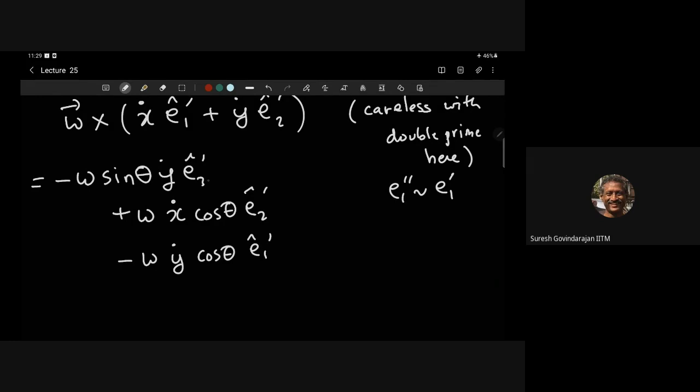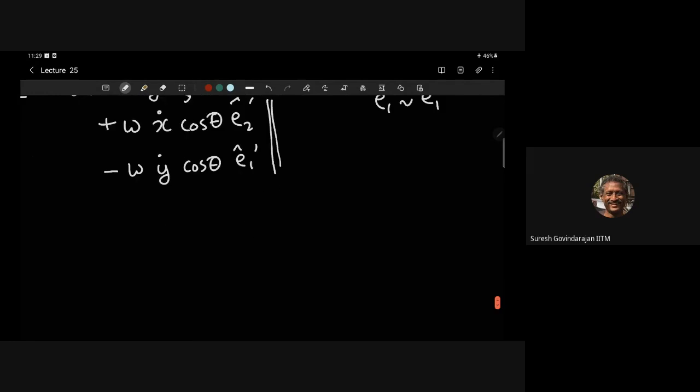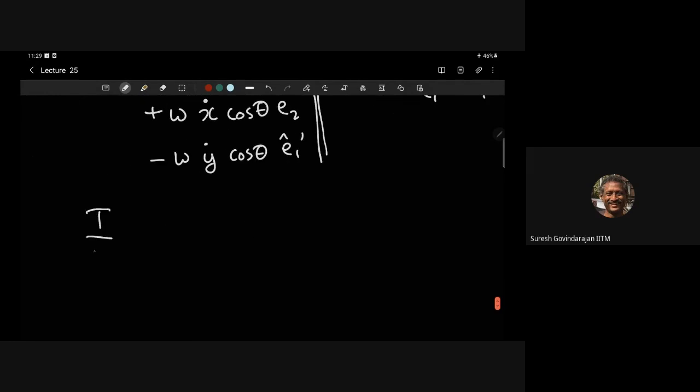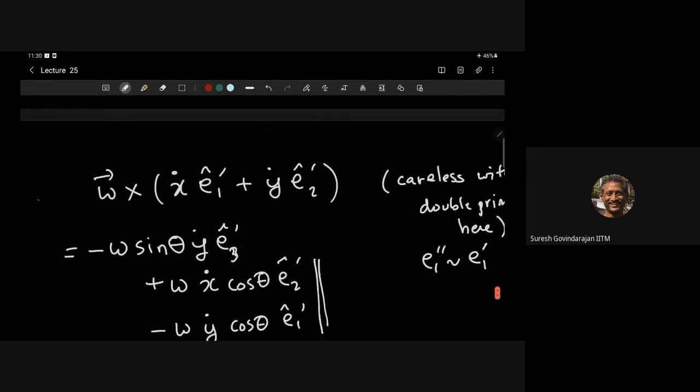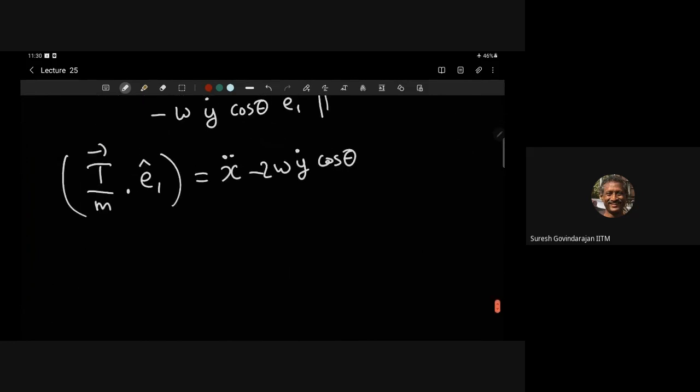If you look at the components of the Coriolis term along E1 and E2, you get something like this. So T by M, its component along E1 prime, will be equal to X double dot plus or minus 2 omega y dot cosine theta. I should put a 2 somewhere. I keep forgetting the 2, but there's a 2 in the Coriolis term.